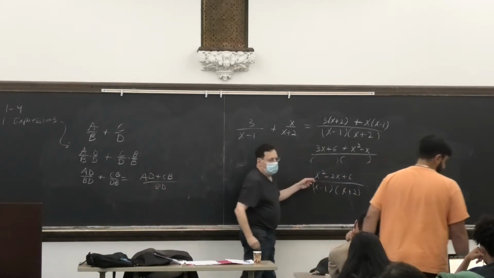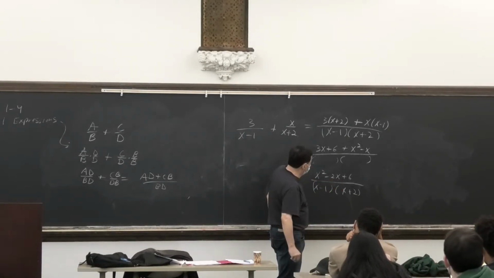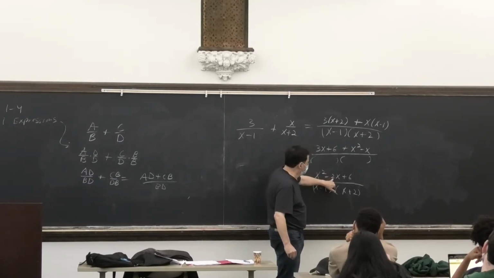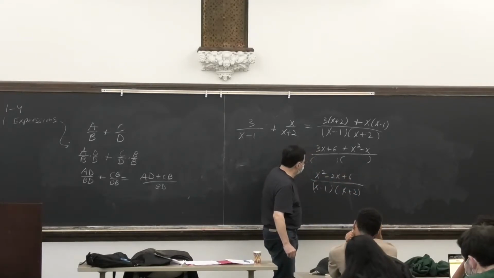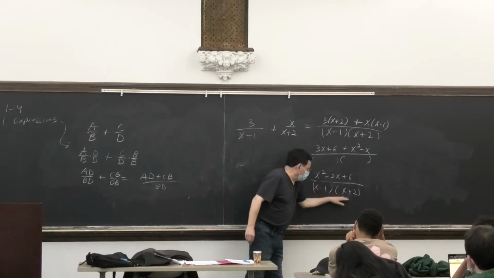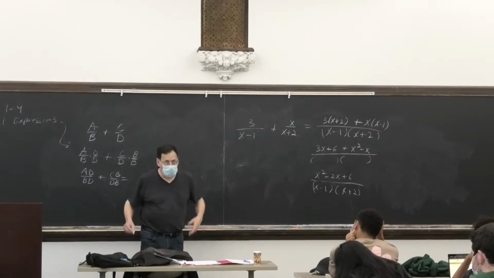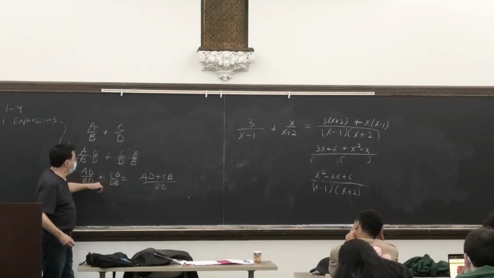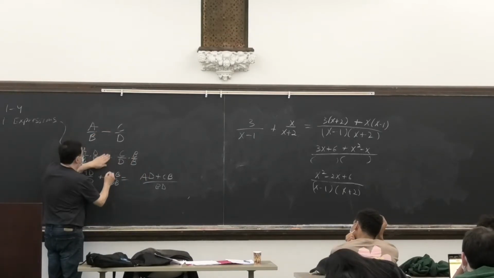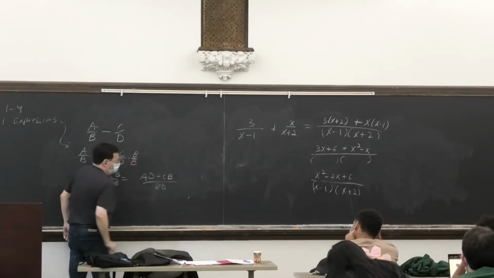I was thinking maybe they jimmy-rigged this problem so that you could factor this. 6 and 1 cannot make 2, 2 and 3 you can't make 2. So that's it. That's all we can do with it. I guess multiply this out. Same thing for subtraction, right? Put it over a common denominator. And then you just do your subtraction carefully.